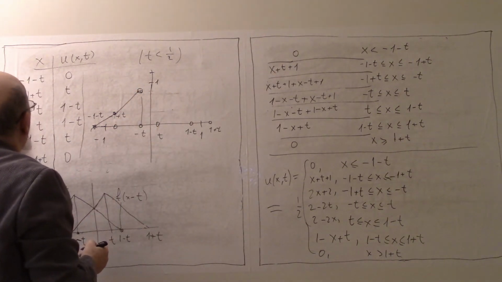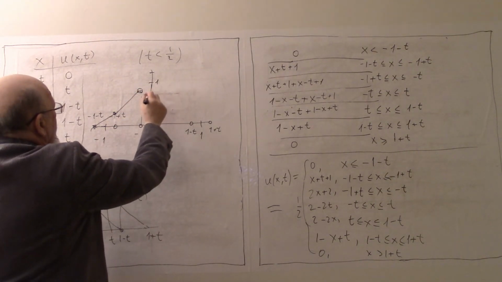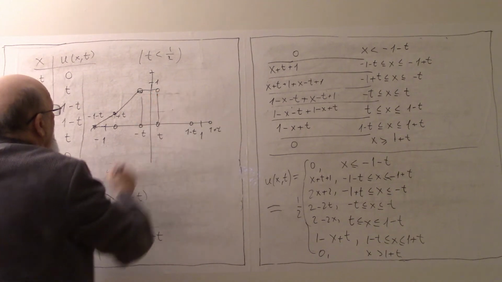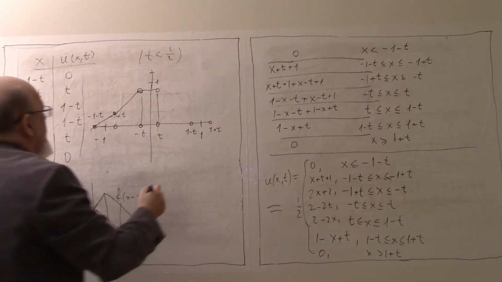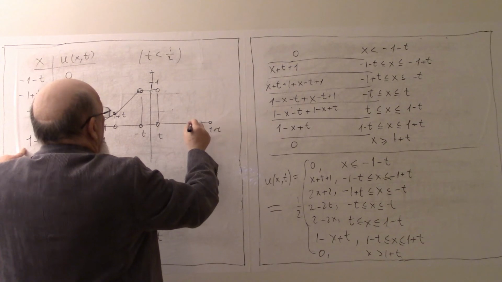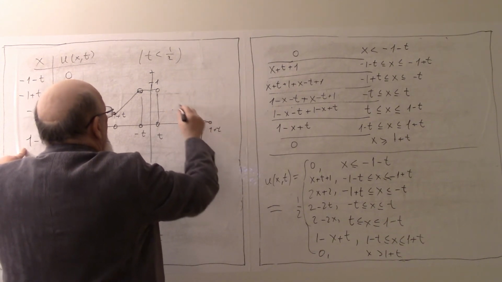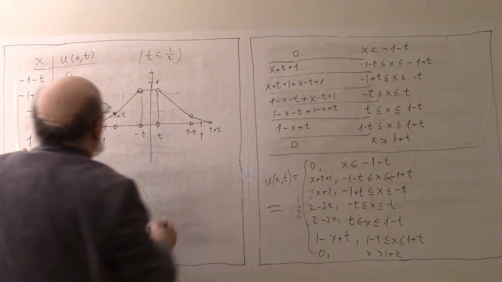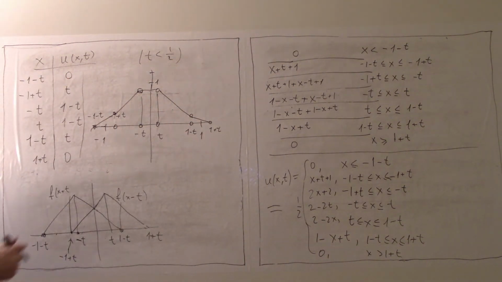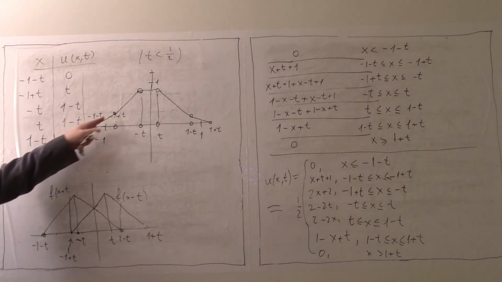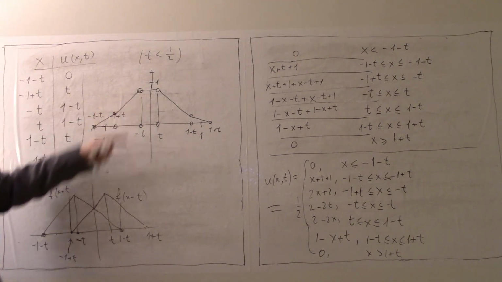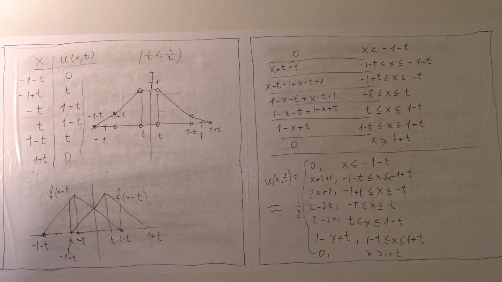Here is also 1 minus t. Here it is t. Here it is 0. Now, if you do it accurately, we see that here the slope is 1/2, and here the slope is 1. So we see this interesting picture.